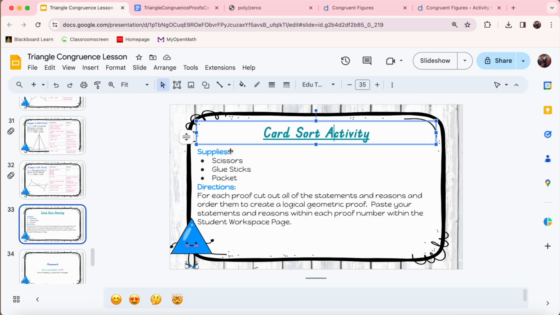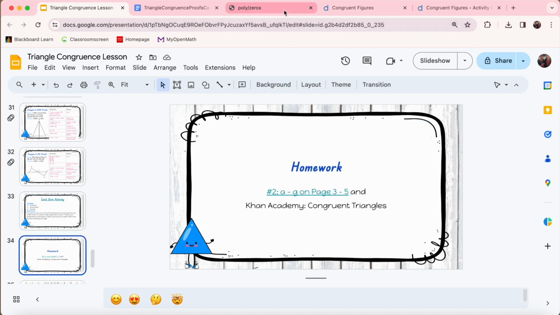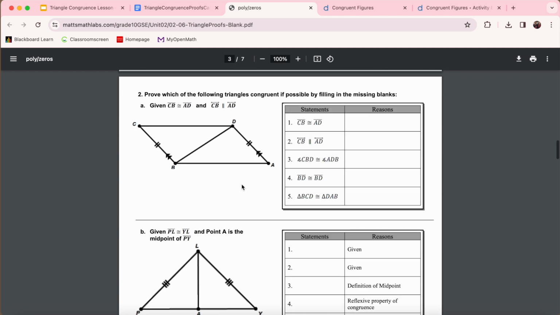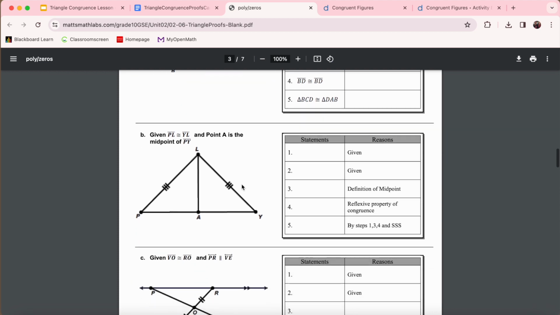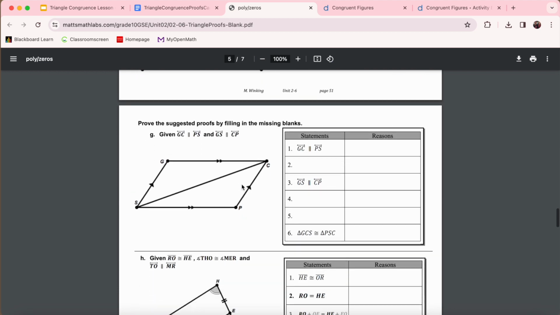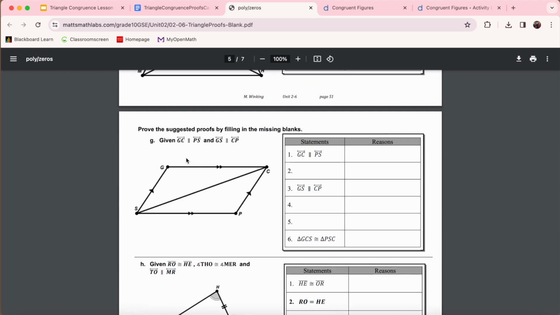So they would need to do this with scissors and glue sticks, and then they would have the packet where they could cut apart and then glue them back together as a group. And their homework is that same sheet that we had here, except then they would prove starting on page 3, do A through G is what I had suggested.